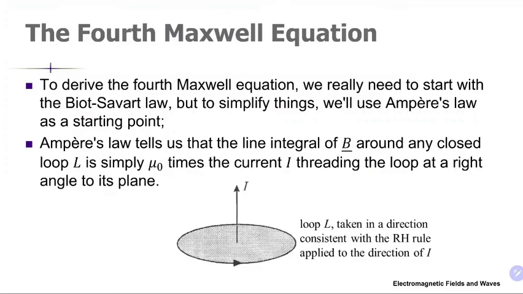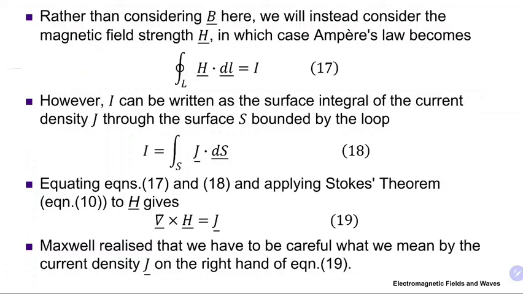And then the fourth Maxwell equation is related to your Ampere's law. So for Ampere's law, we use H instead of B. Earlier on when we wrote Ampere's law, we said the closed loop integral of B dot dl equals mu naught I. And then the current I is a surface integral of the current density.